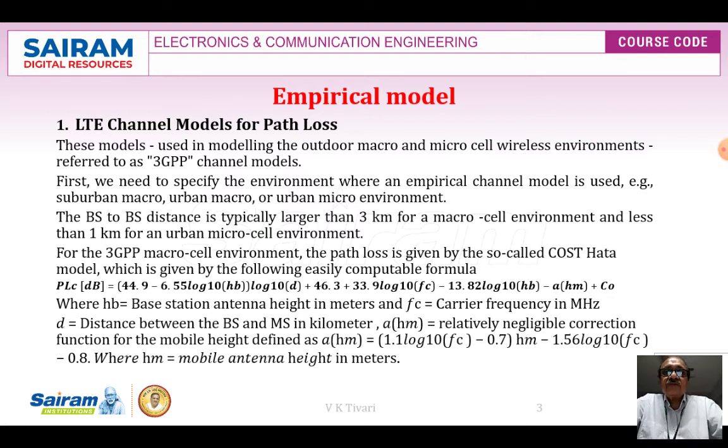Through various studies, Hata found a correction function for the mobile height, given by 1.1 log10 fc minus 0.7 hm minus 1.56 log10 fc minus 0.8, where hm is the mobile antenna height in meters.